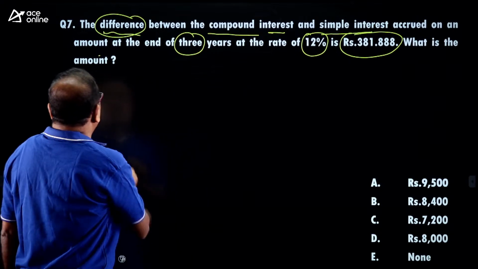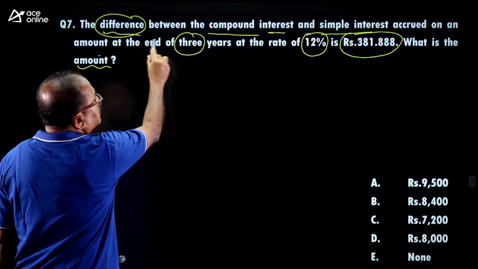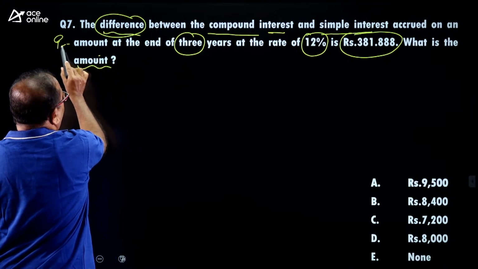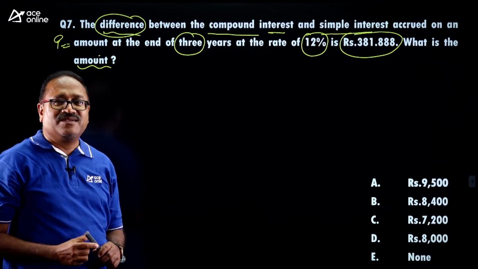What is the sum? In other words, what is the principal here? Because the amount represents a principal here. So you are asked to find out the principal.